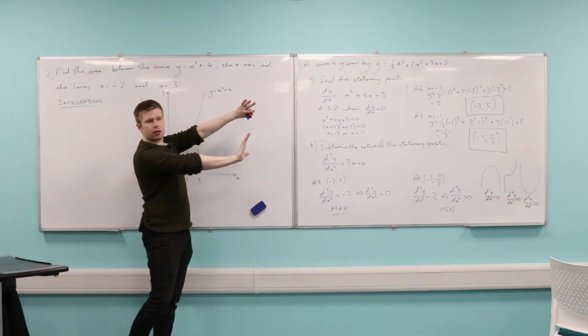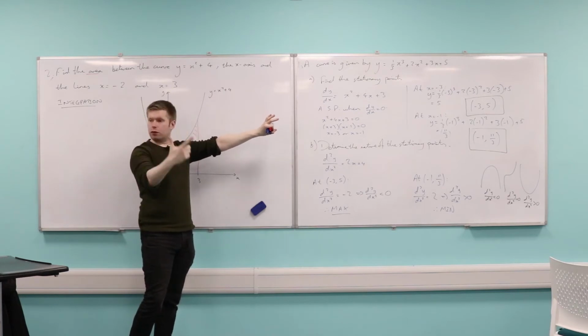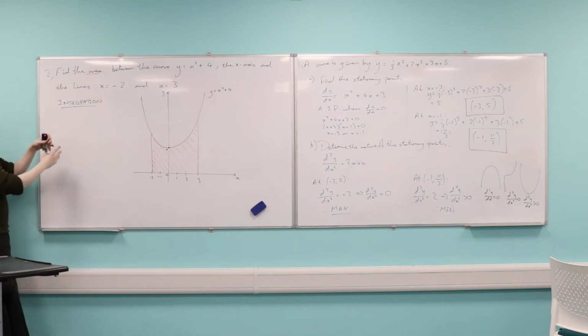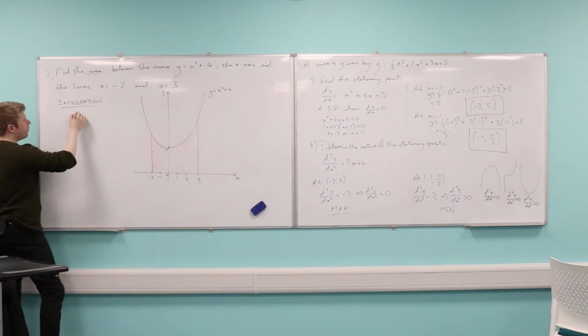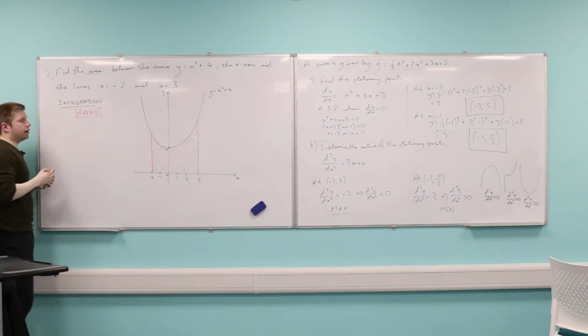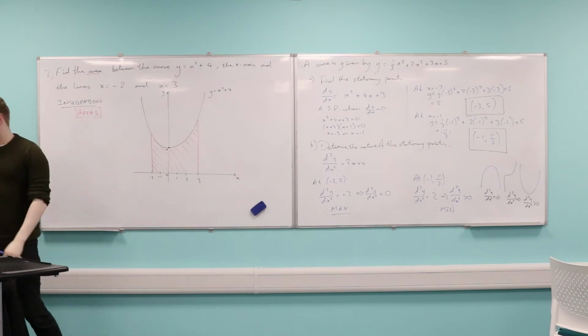All that stuff on that side of the board was to do with finding gradients. So differentiation is to do with finding gradients. This stuff over here, integration, is to do with finding areas. So differentiation is to do with gradients, integration is to do with areas.